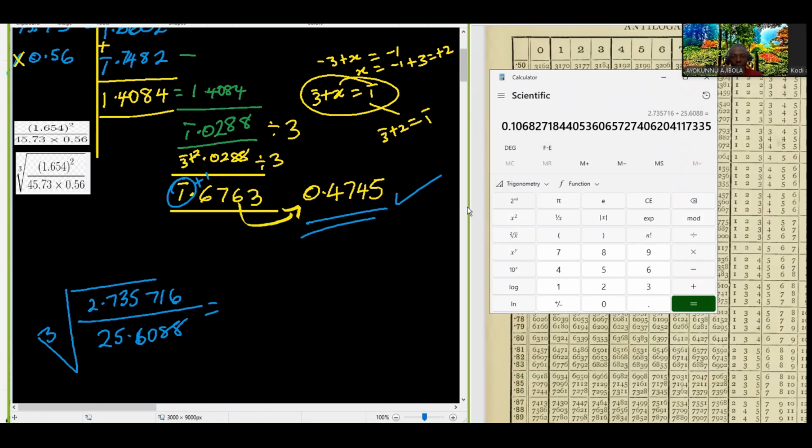So that means second function 2. So this gives me 0.4744. Though we got 0.4745, and if we round this one up, you can see it's still the same 0.4745.